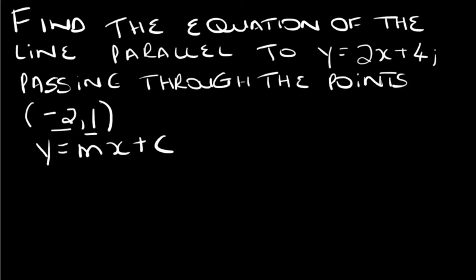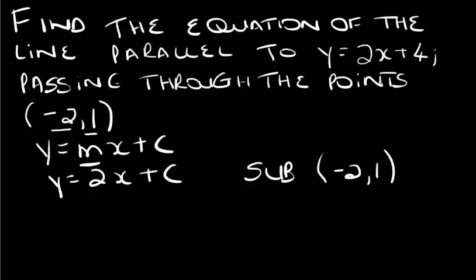But what did we say earlier? We said that the gradients are the same. So where I see m, I need to substitute 2. So there we have y is equal to 2x plus c. We substituted the gradient of 2 into this equation, and now we need to substitute our x value and our y value.